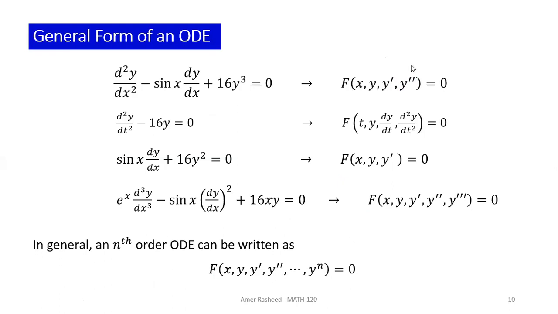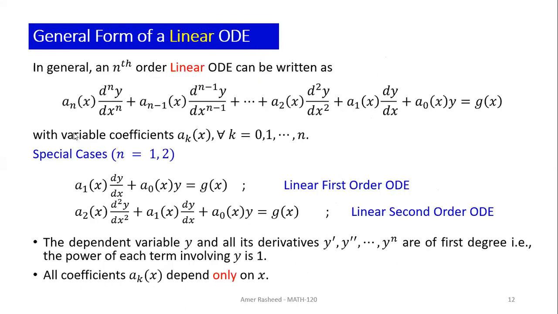Now we are going to define another notation, this one. This is basically the general notation for a differential equation of nth order, and the differential equation is also a linear differential equation, because in every term the power of y is 1. You can see this thing.